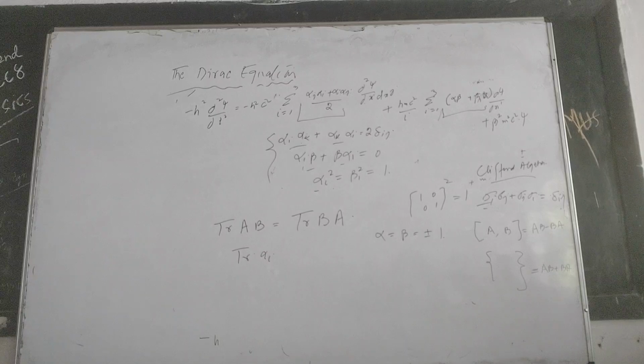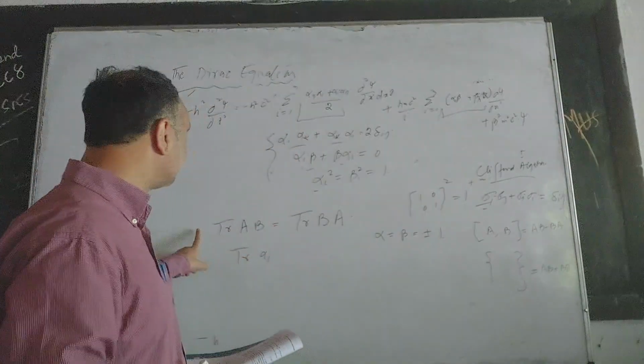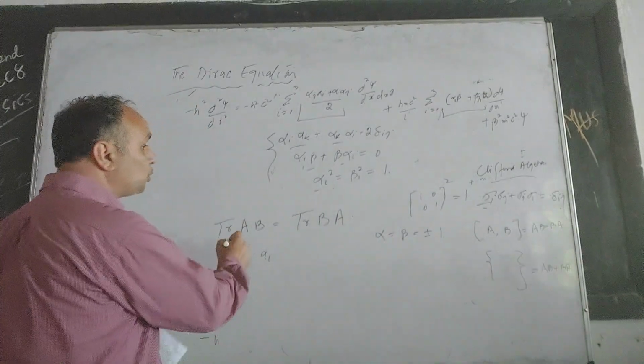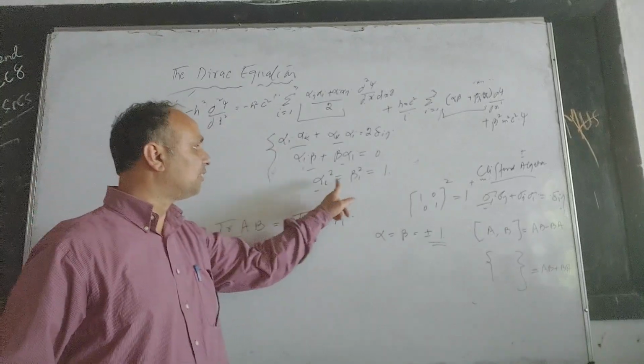So you can see it's like this, trace of B. So if it's plus minus value, ये आएगा from this algebra.